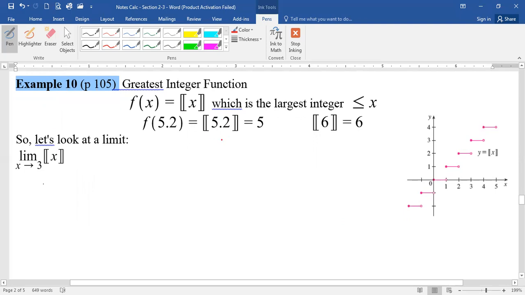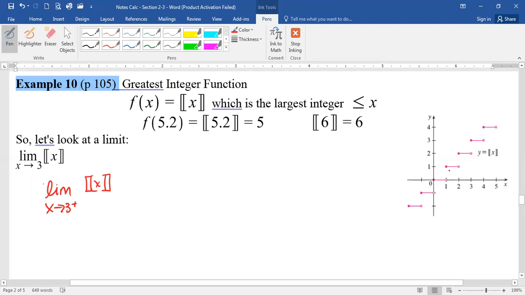So the largest integer that's less than or equal to what we put in. So let's look at this one, as x approaches 3. Let's look at the left and the right of this. The limit as x approaches 3 from the right of this greatest integer function.